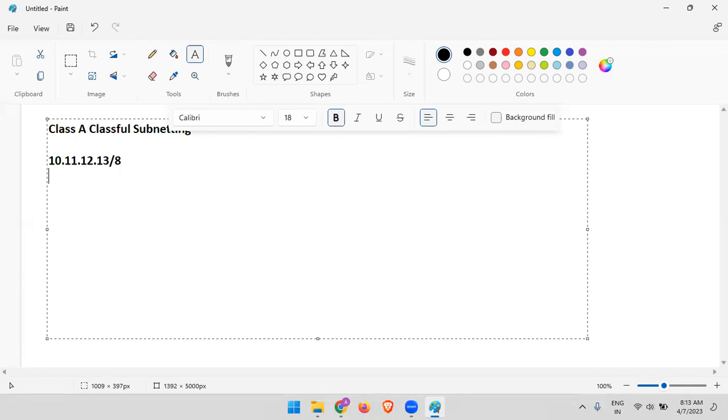Now from here, you came to know that, according to /8, how many network bits we have? 8. How many host bits we'll have? 24. Correct. If you write the subnet mask according to this, how are you going to write? You're going to write 8 ones. Correct. And 24 zeros.